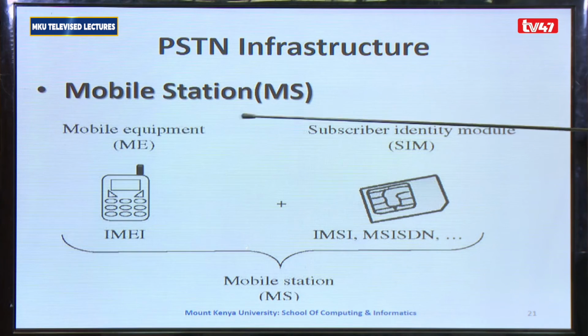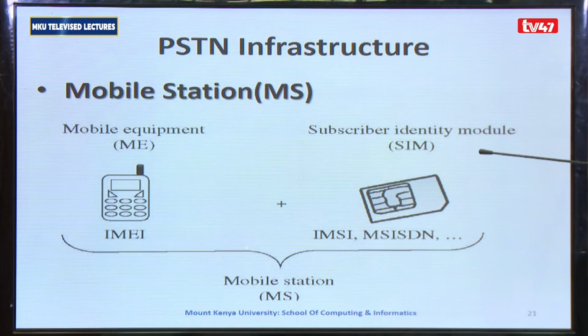Within the mobile devices, for them to be able to connect to the networks that are available, they must use what we call the subscriber identity module. In short, we call it the SIM, and sometimes we refer to it as a SIM card, which comes with various international identification numbers to help connect to the existing infrastructure.